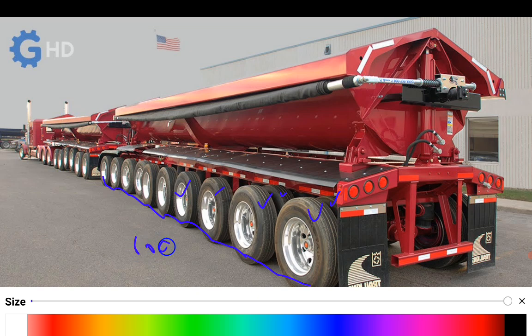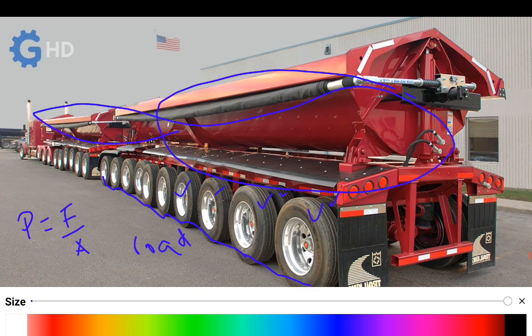This is the road surface. Okay, so when the area of contact between the tires and the road is large, pressure becomes less. Remember that force is kept constant here. Why we're keeping force constant is because the force will depend on the weight of this whole thing, which is fixed, which is constant, all right? So the pressure, therefore, will depend on the area of contact between the tires and the road.